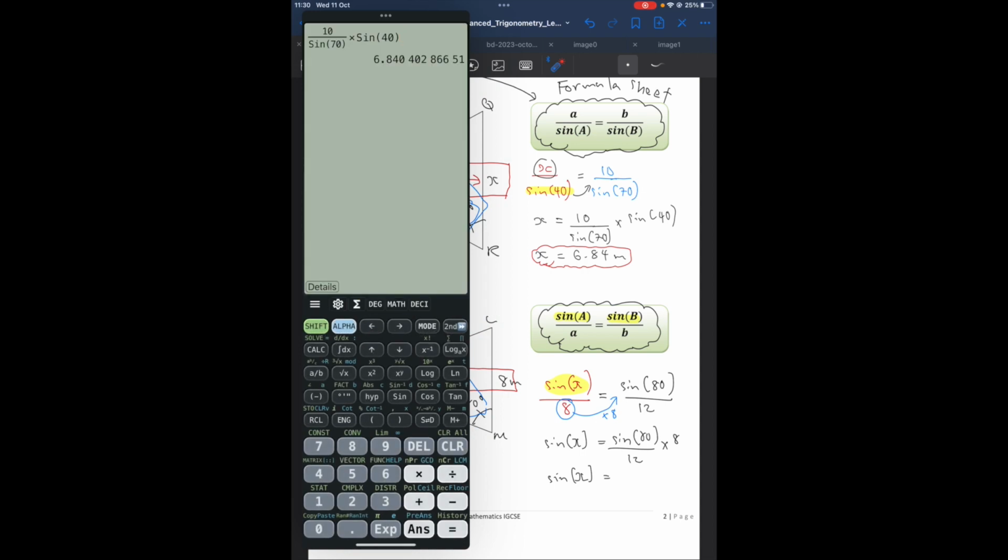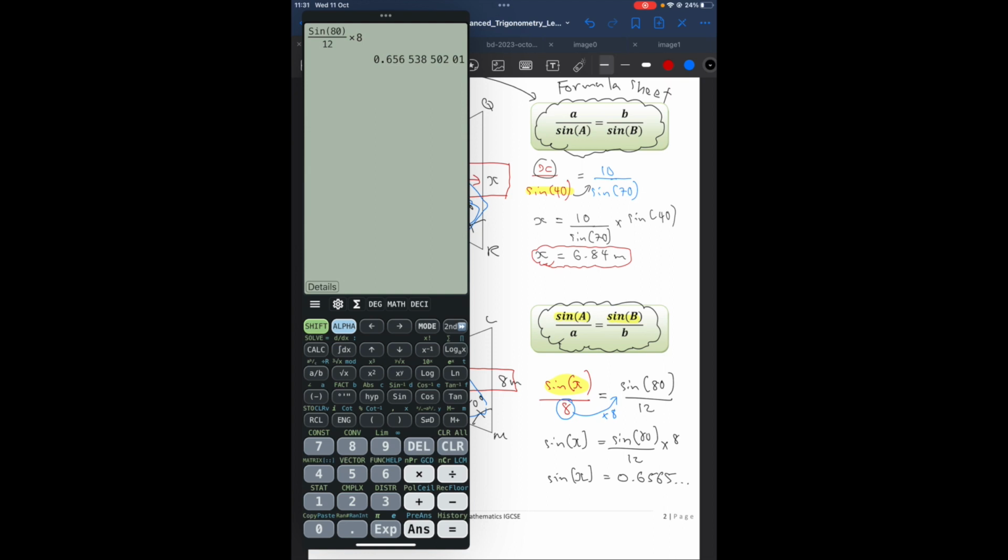So if we bring up the calculator and we clear the screen, I'm going to press the fraction button, sine 80 over 12 times 8. That gives me a value of 0.6565. Now remember, that is the value for sine x. So sine x will be 0.6565.